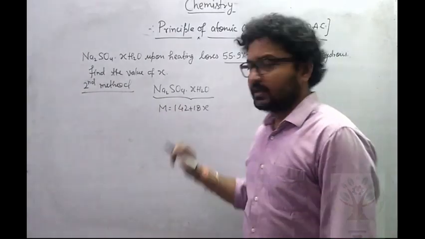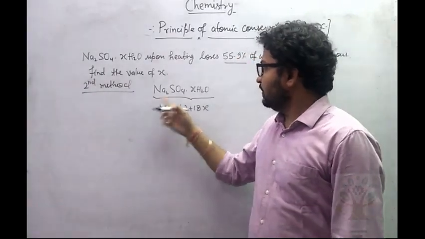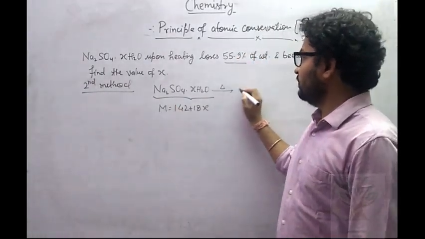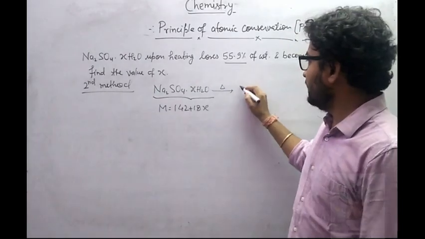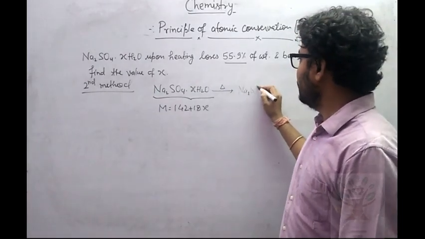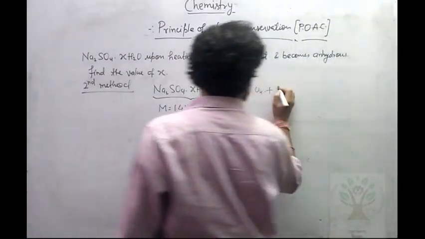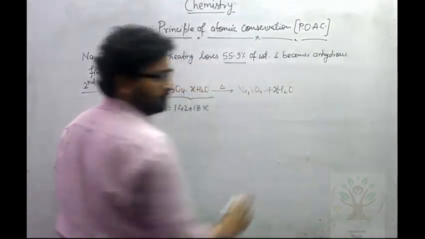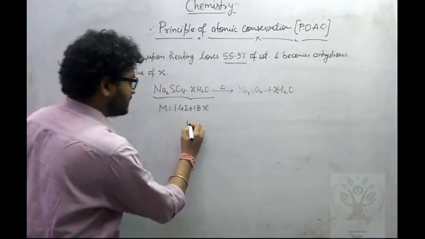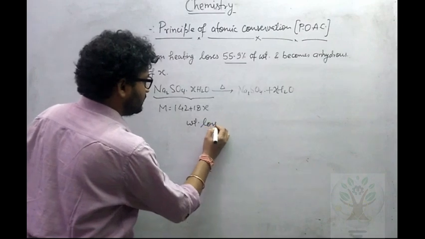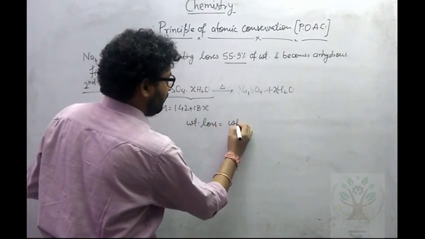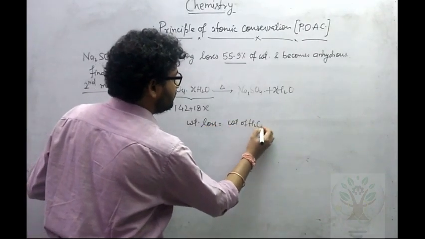Now let's see this second method. You are losing 55.9% of weight. I hope you know that whatever weight you are losing, that is because of water only. So weight loss equals weight of water only.